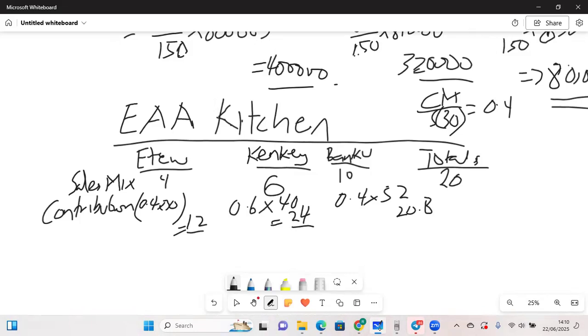So in total, the contributions are going to be 12 plus 24 plus 20.8. And we are going to get 56.8. Now, weighted average contribution margin, because we've been able to get contribution.